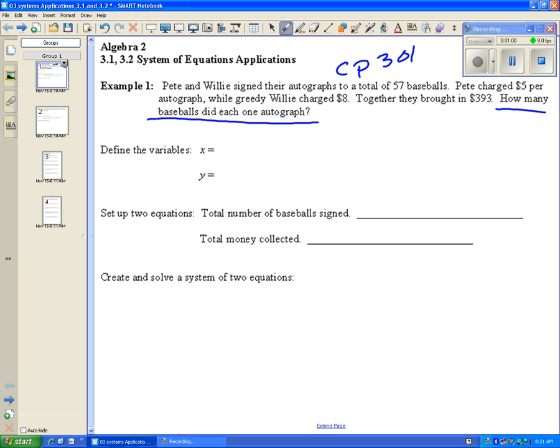So let's go ahead and set up our variables. X, what's X going to be? X is going to be the number of baseballs autographed by Pete.